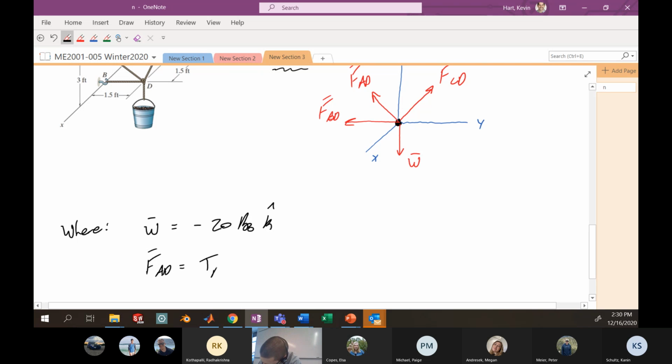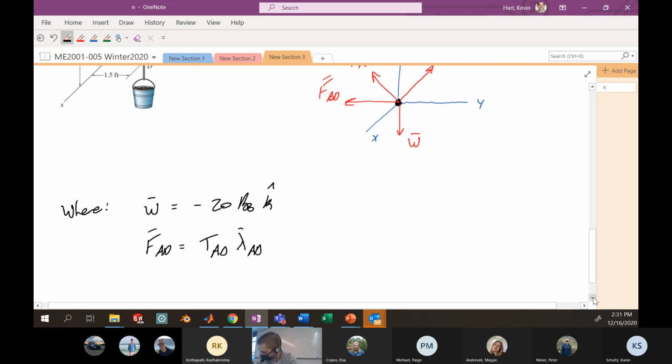It's got a magnitude, which is the tension in the rope AD. We label it as TAD. And I don't really know what direction it's in at this point. It's not obvious that it's in just the I or J or K directions. So we'll just represent its directionality as lambda AD, and come back to that lambda AD in just a bit.